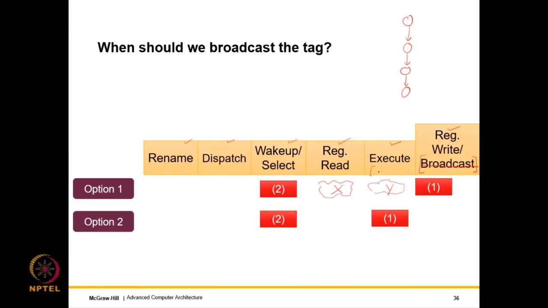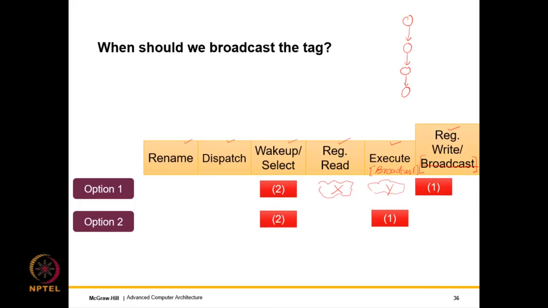Another approach could be that we broadcast the tag along with execute. If we broadcast the tag along with execute, what will happen is that we can reduce this delay a little bit, right?